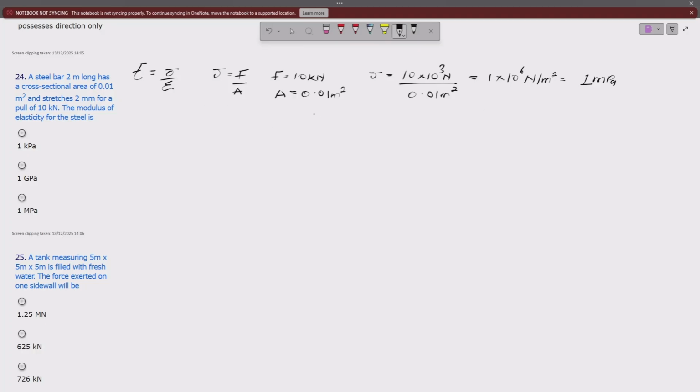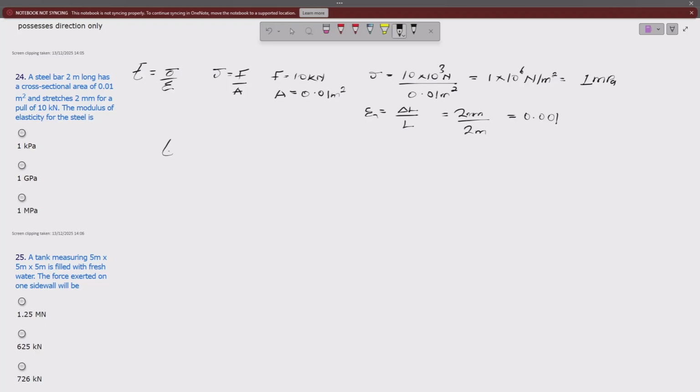Now going to find the strain. Strain formula equals change in length over the original length. That equals 2 millimeters divided by 2 meters, which is going to give you 0.001.